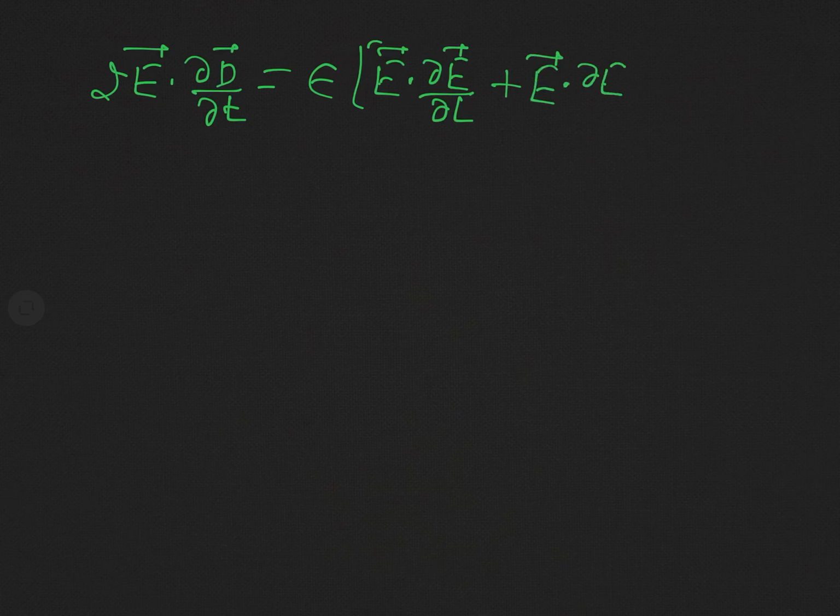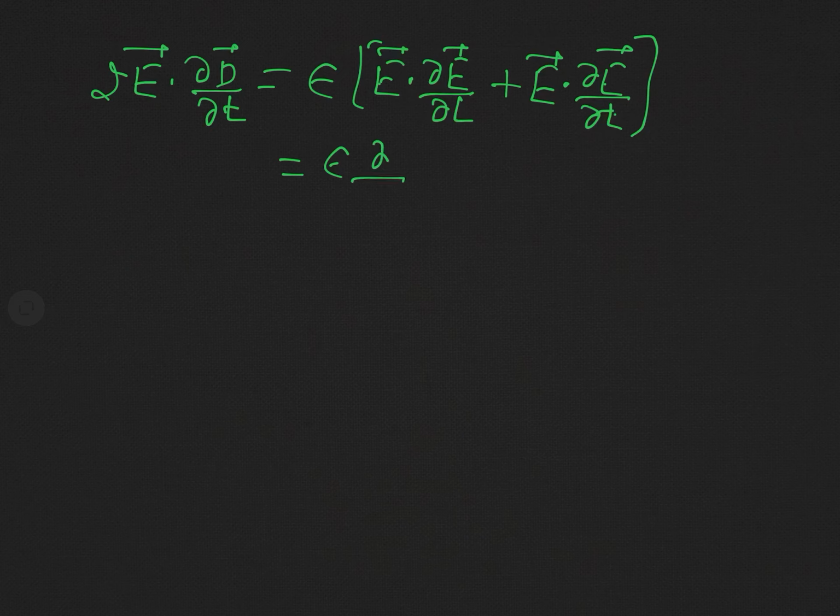plus E dot del E by del T]. Because there is a factor 2, we can write it in this way.